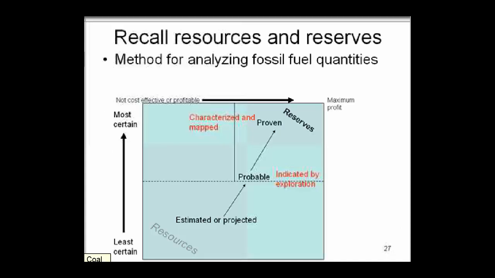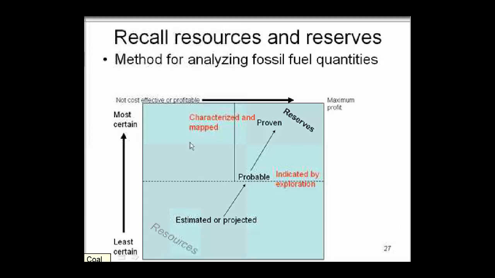So to begin, recall the chart we showed earlier where resources, whether it be oil, natural gas, or coal, start out being a fairly uncertain thing that's estimated or inferred or interpreted from some sort of geologic evidence or understanding of, say, a particular geologic formation as containing coal or oil deposits.